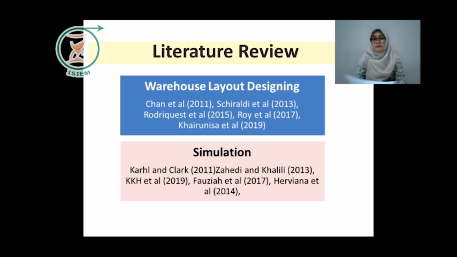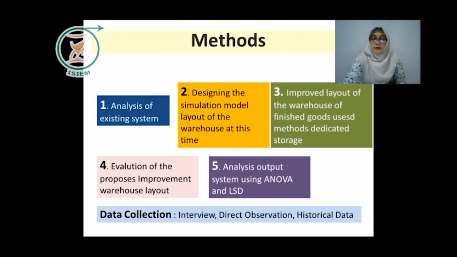In this study, there were 5 stages in the methodology, namely the first stage, analysis of existing system, focus on the finished product warehouse in the outside area. The second stage, designing the simulation model layout of the current system, divided into 5 steps: designing simulation model, rating distribution, verification, running simulation, and validation.